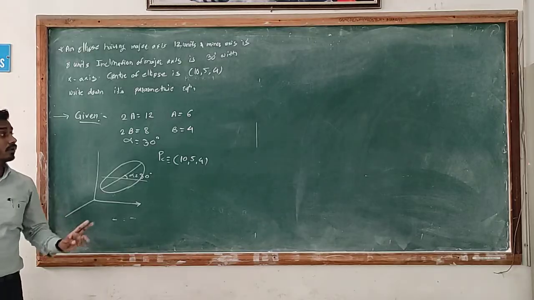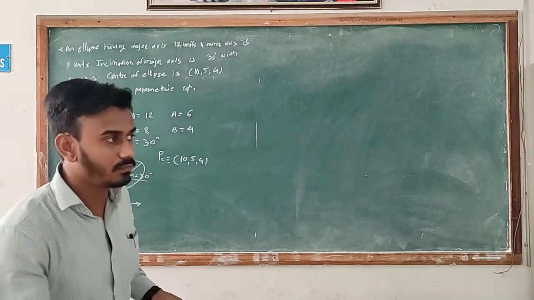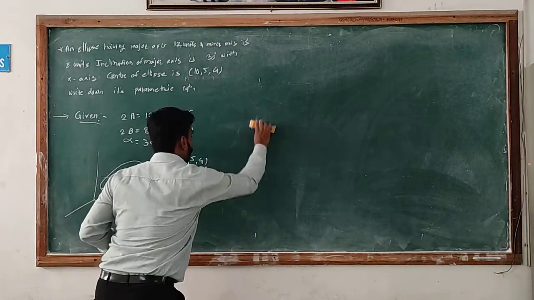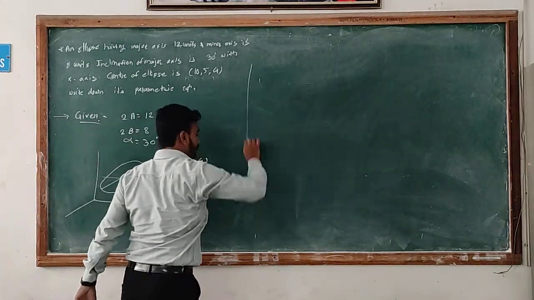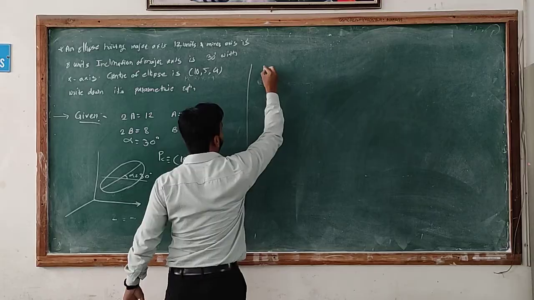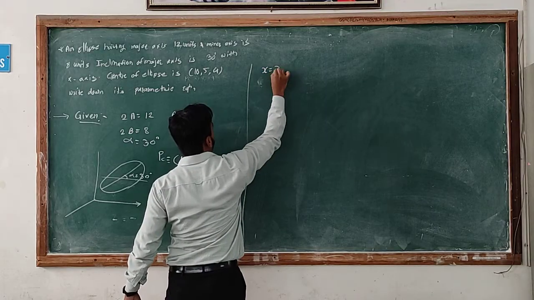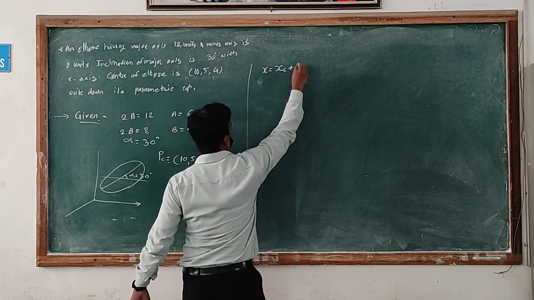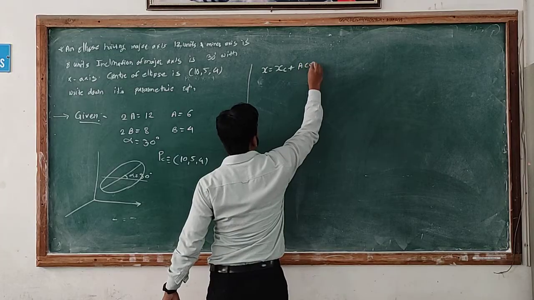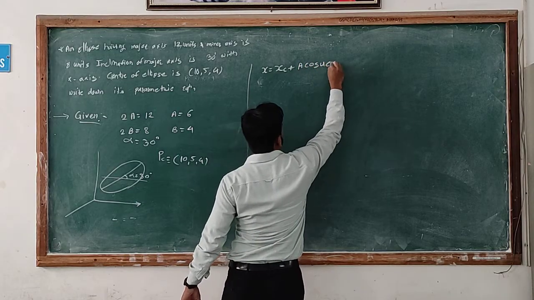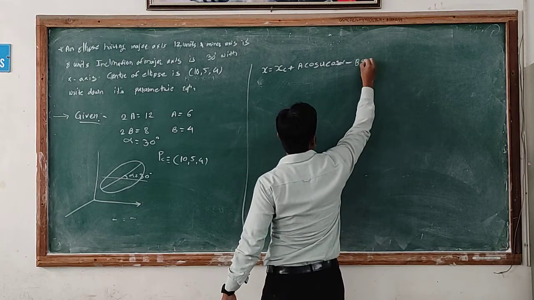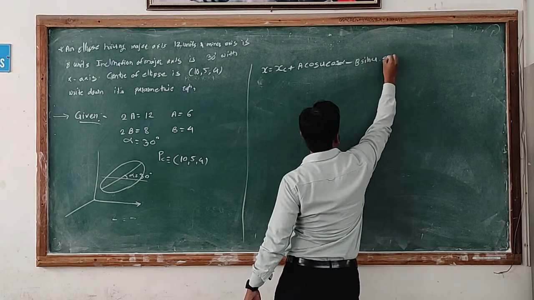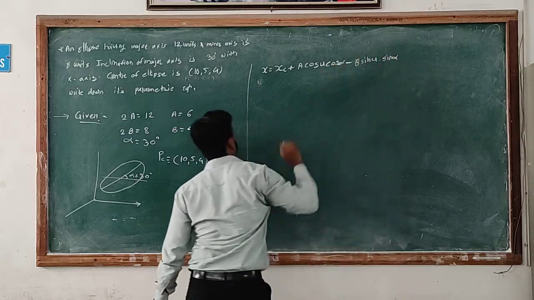Now we have to find the parametric equation of the ellipse. The parametric equation of the ellipse can be written as x is equal to xc plus a cos u cos alpha minus b sin u sin alpha.